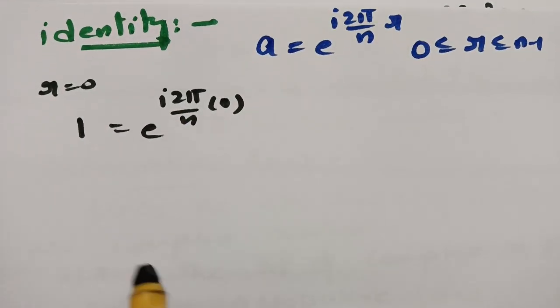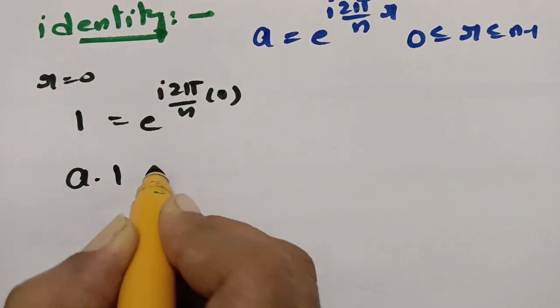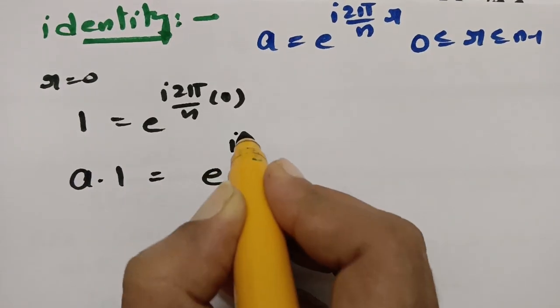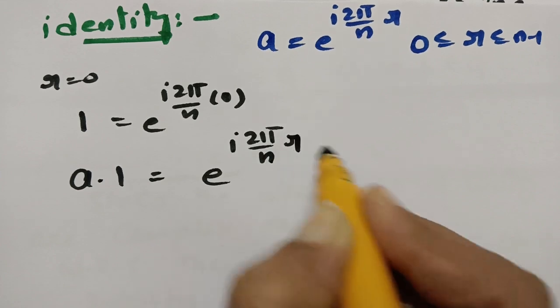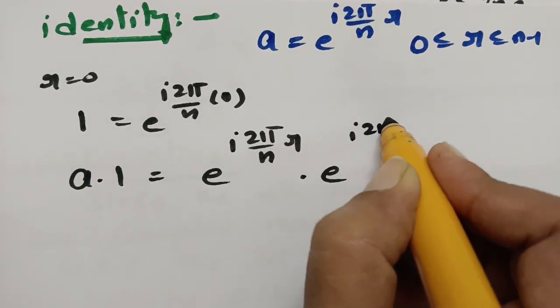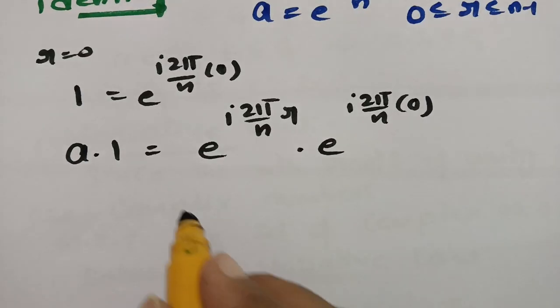And now I'll multiply these two, that is A into 1. So A into 1, what is A here? E power I 2 pi n into R. And this value is nothing but e power 2 pi n into 0, so this is 0.